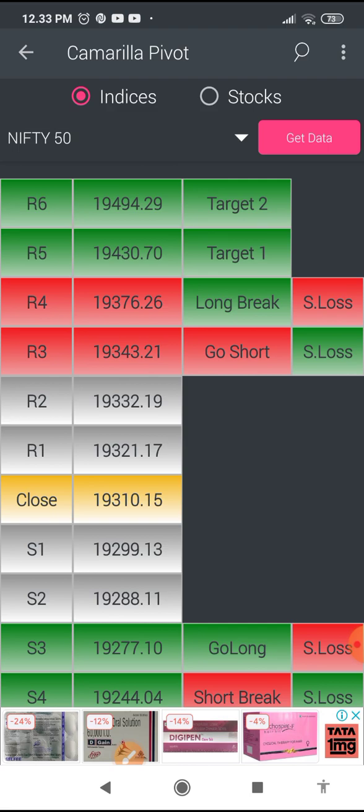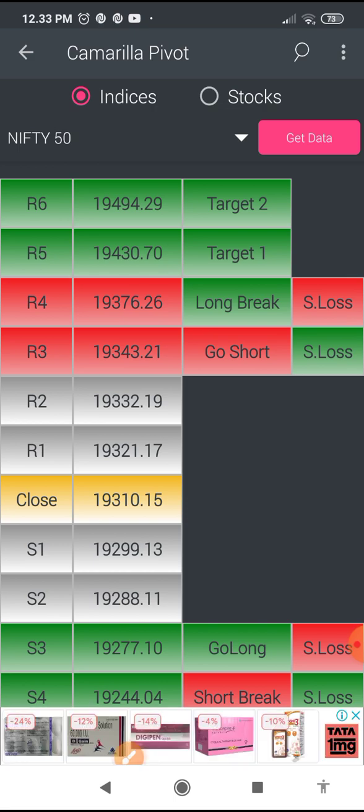This is for intraday, so you have to use preferably a 5-minute, 10-minute, 3-minute or 15-minute chart. Once you get a bullish candle occurring above or near about that R4 level, then it is obvious that the Nifty is bullish. If you get a candle close above R4, then it's a long break.